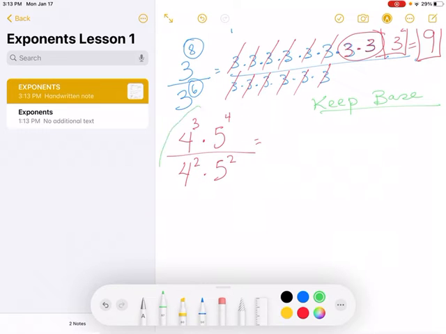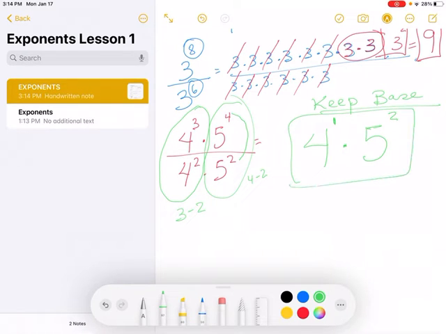Keep the base. So in this case, my base is 4, and subtract the exponent. So 3 minus 2 is 1. I'm going to do this also. Keep the base, so I have 4 and 5, and we are going to subtract the exponents. 4 minus 2 equals 2. That's it. That's your answer.